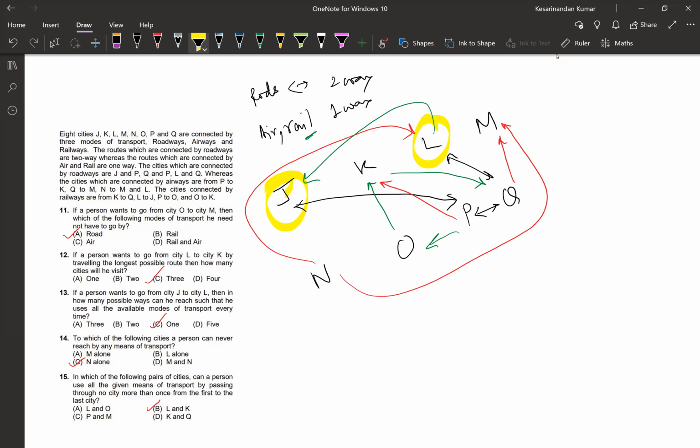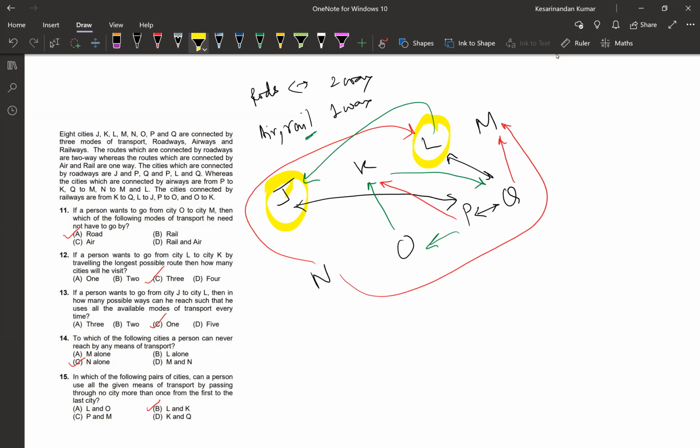That is out. L to K: we can go L to J, J to P, and P to K. We are using all 3 modes, perfectly fine. That is one option we have. P to M, let's check. Such questions sometimes you will have to check. I'd say the 15th is the lengthiest question of this lot.